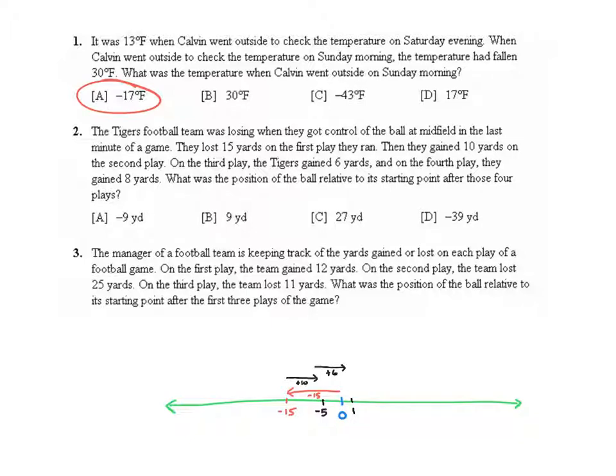We gained 8 yards. So we're going to again go in the positive direction. This is going to be plus 8. And of course, 1 plus 8 gives us 9. So the question is, what was the position of the ball relative to its starting point? If the starting point was 0, our new position of the ball is now positive 9 compared to that starting point, which would be B.